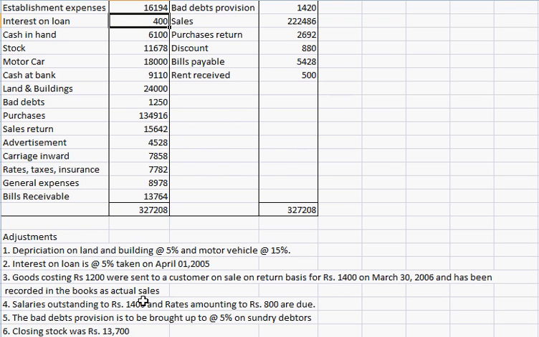So this amount of 1400 was actually not a part of sales, because sale on return basis means the goods have been returned, maybe because of some problem with the goods, and that is worth 1400 of sales.